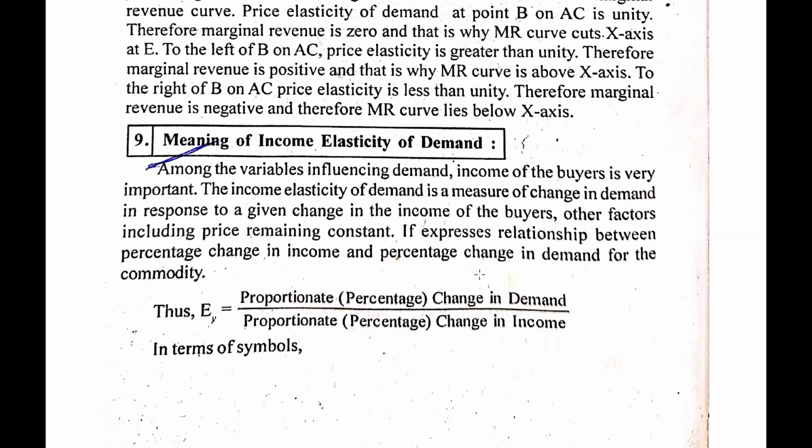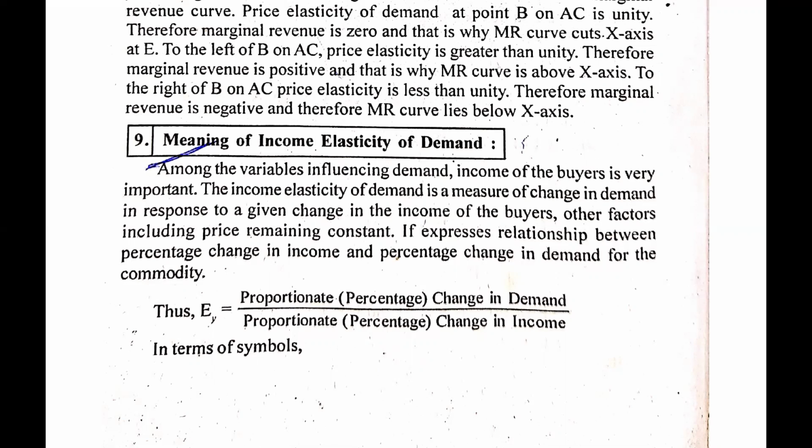So we need to clearly understand the percentage change in demand and the percentage change in income. When my income increases, my demand will also increase. When my income decreases, my demand will also decrease. So with the rise and fall in income, my demand will also rise or fall.